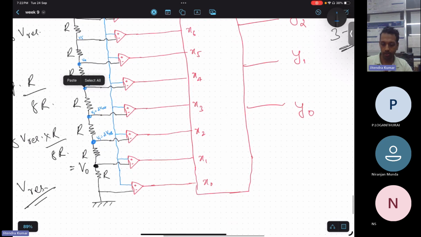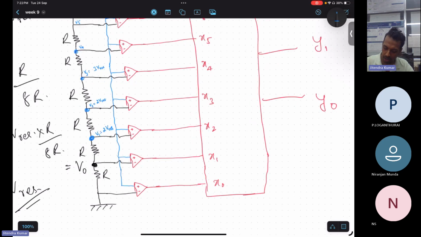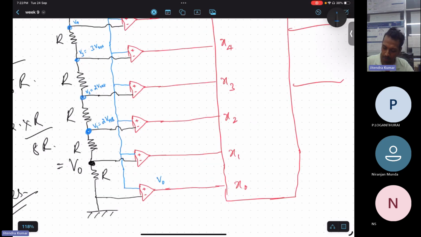So now what will happen if V naught is higher than V input, because this op amp has two terminals, inverting and non-inverting? If the positive terminal's V input is less than this negative terminal, then what will happen?